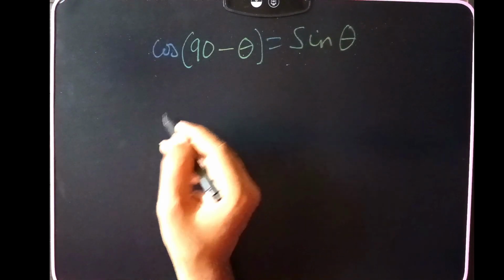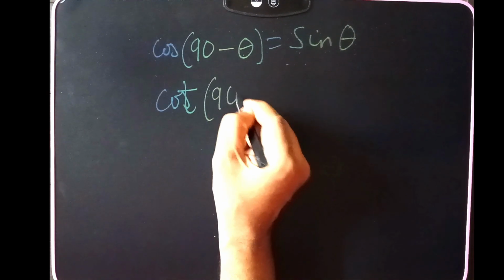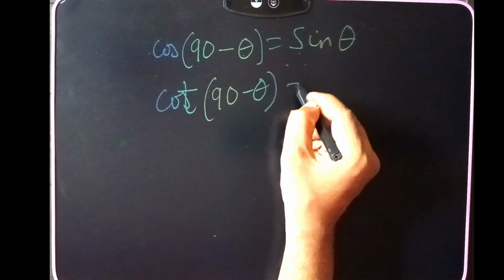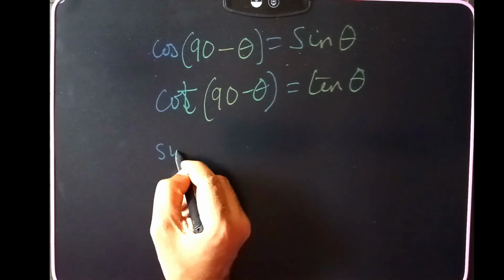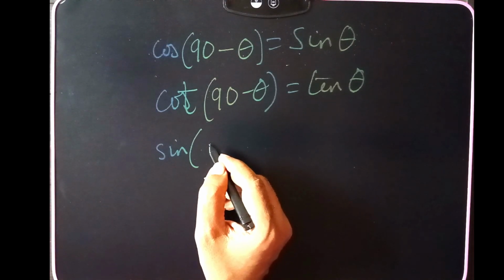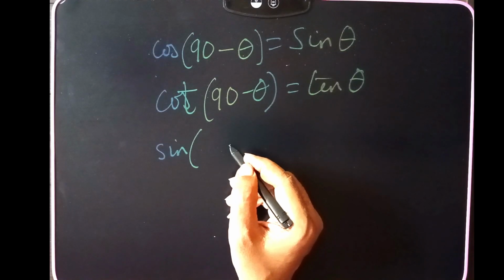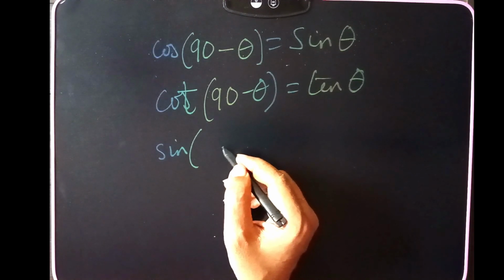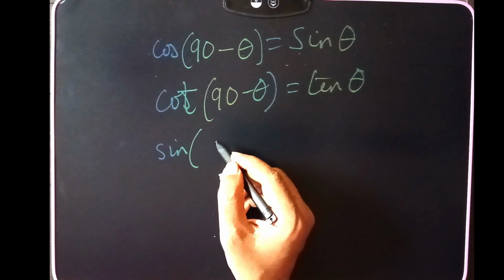We have seen this. Then cot of 90 minus theta is equal to tan of theta. And then sine of 90 minus theta. Can I write this? Sine of 90 minus theta. We have not seen this, but we can effectively get it, right?